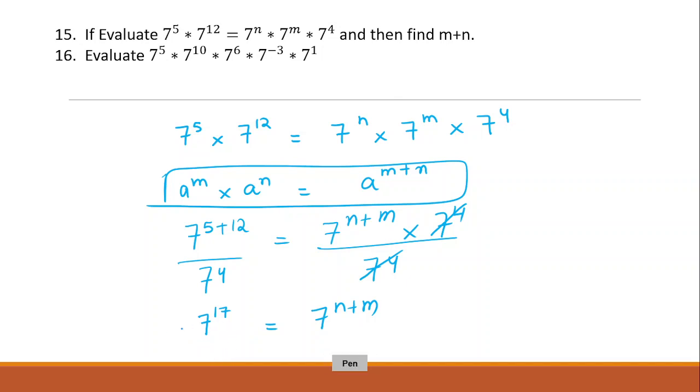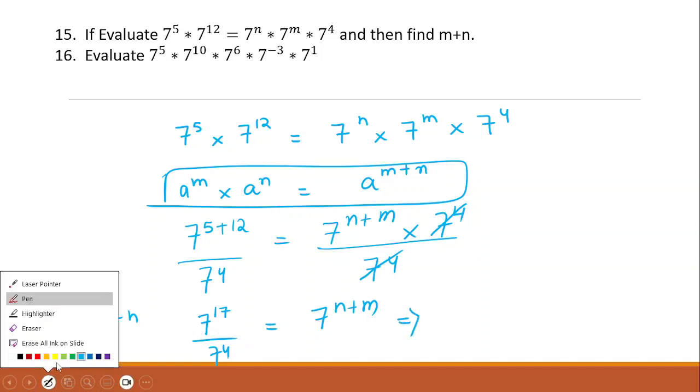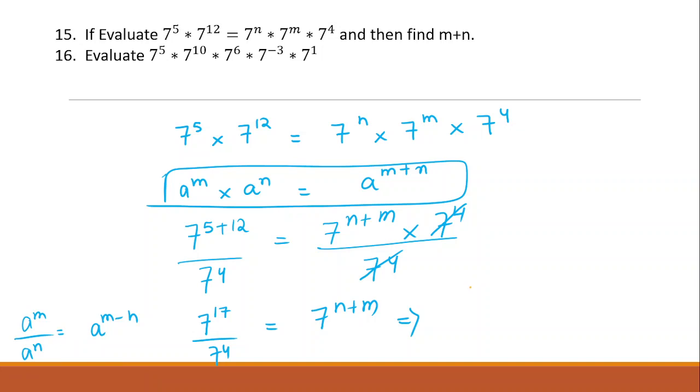Okay, 7 to the power 17 divided by 7 to the power 4. So just apply the quotient rule, which says a to the power m divided by a to the power n equals a to the power m minus n. When you apply the quotient rule, you will get 7 to the power 17 minus 4 equals 7 to the power n plus m.